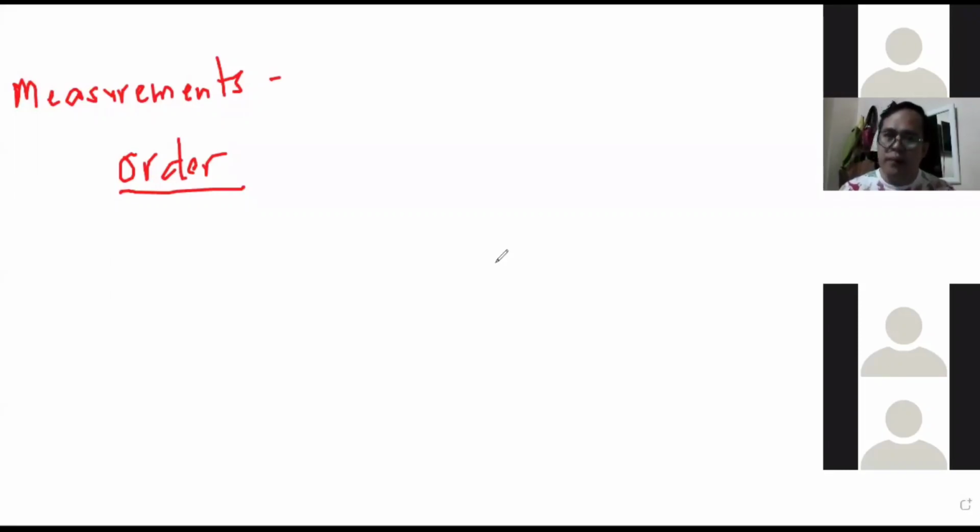Because if your measurement is not accurate, your results will be wrong, and you cannot prove whether your hypothesis is correct or not. So in testing your hypothesis, you have to measure.